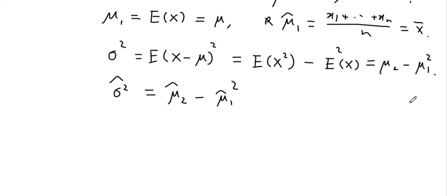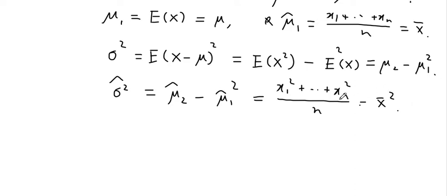Mu2 hat equals (x1 square plus x2 square plus ... plus xn square) over n. And mu1 hat is just x bar, so x bar square. We just use this to estimate the variance sigma square, and the standard deviation sigma is just the square root.